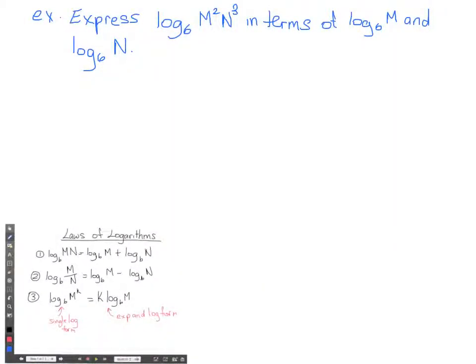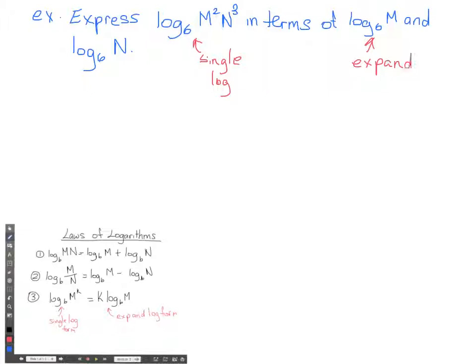In this example, they're asking us to express log to the base 6 of m squared n to the third in terms of log to the base 6 of m and log to the base 6 of n. So they're basically asking us to change from a single log, where everything is bunched up together, and expand it out into separate logs.